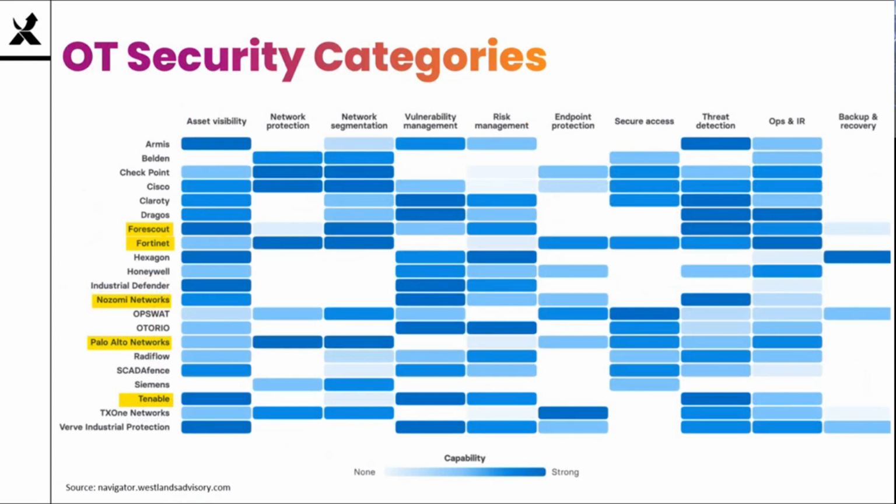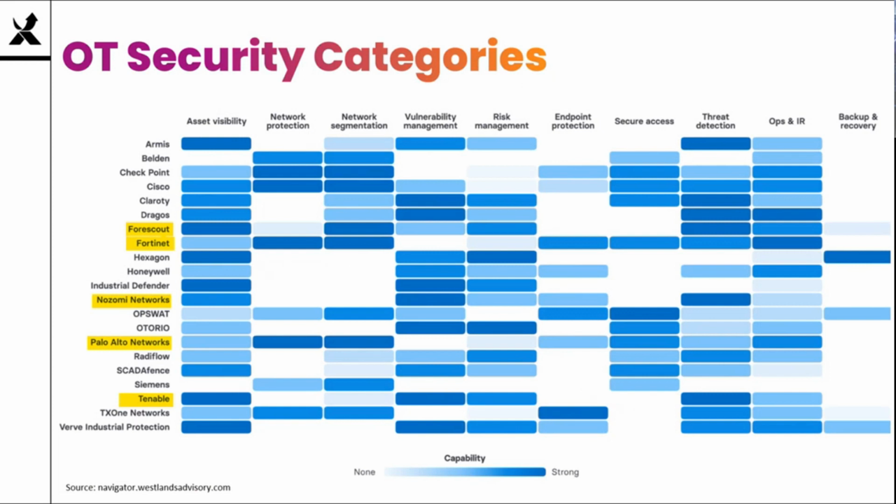What is new, or newer, is the overview of Westland Advisory. They provided it by dividing the OT security landscape into 10 categories. Westland Advisory is an independent analysis and strategy partner for the security industry, and the 10 segments are asset visibility, network protection, network segmentation, vulnerability management, risk management, endpoint protection, secure access, threat detection, and operation and incident response.